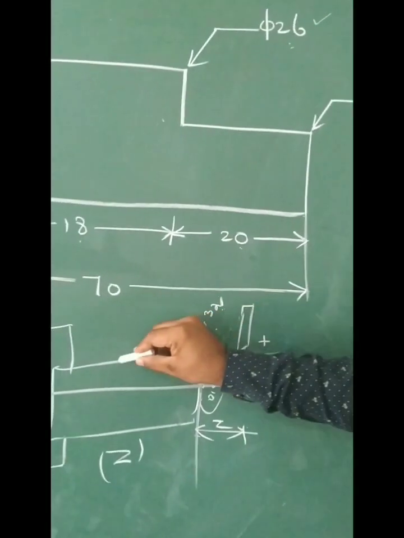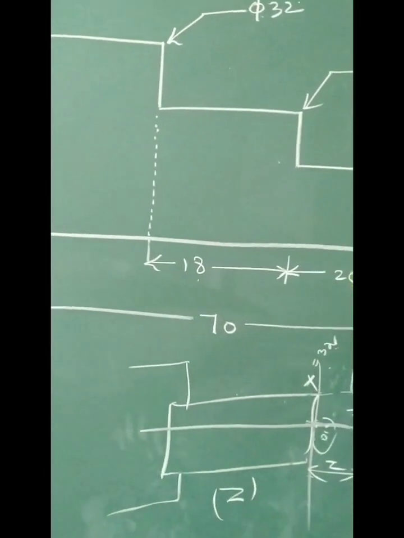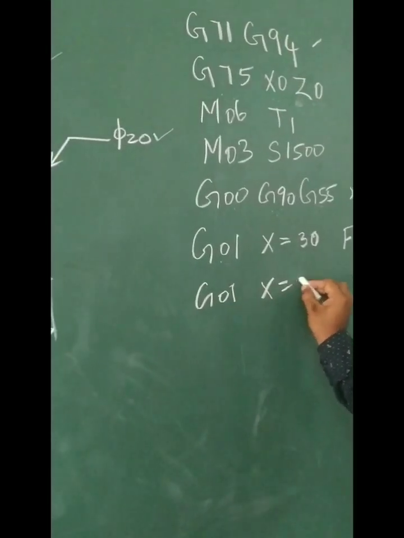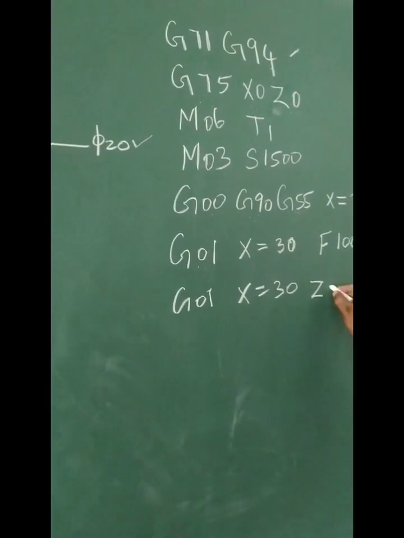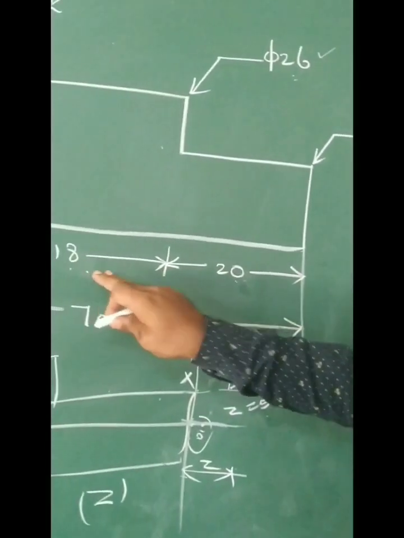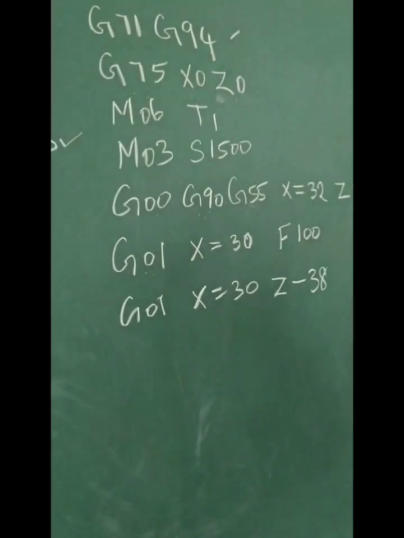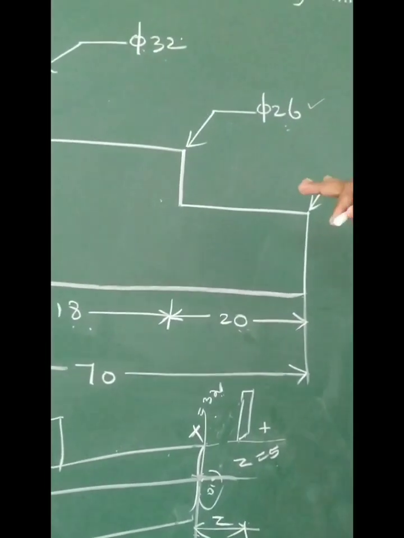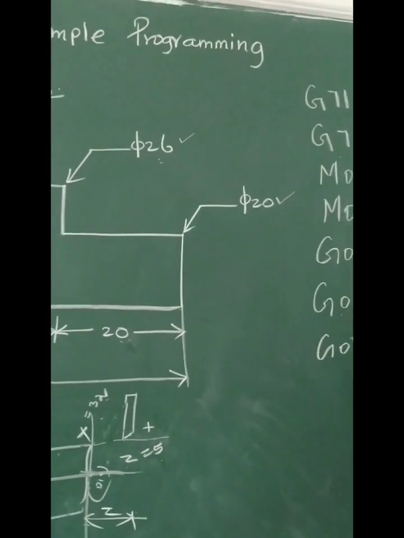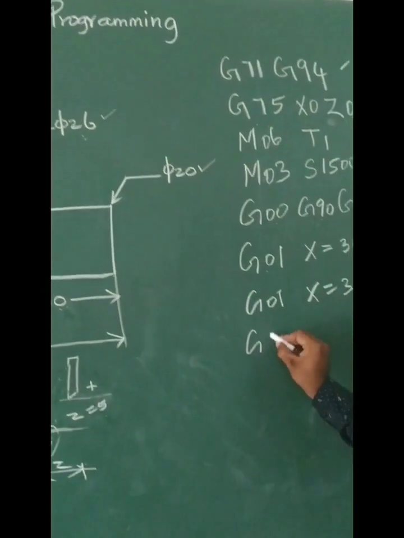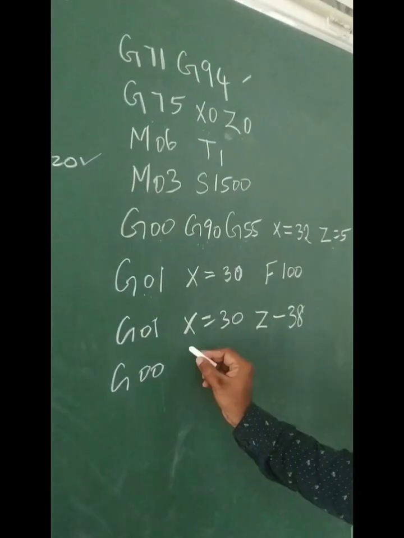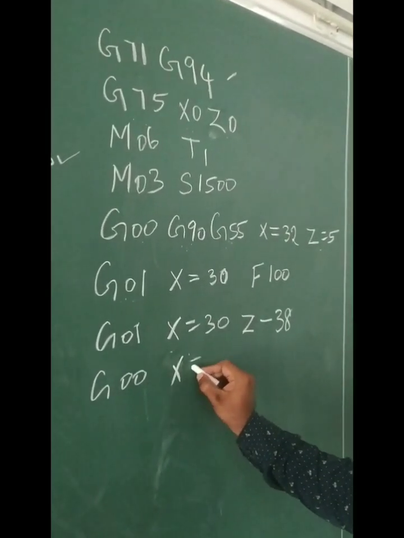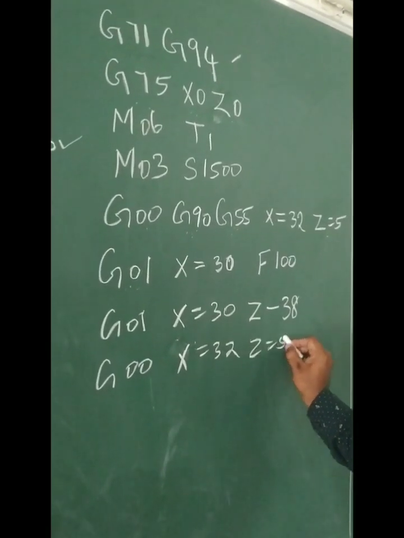Now the tool has gone to a depth of 2 mm. Now I have to move the tool for the distance 20 plus 18, 38. So I have to write the command G01, X equal to 30, Z equal to minus 20 plus 18, minus 38. The same feed is followed. Now I have to send the cutting tool to the home position, so I am going to write G00, X equal to 32, Z equal to 5.